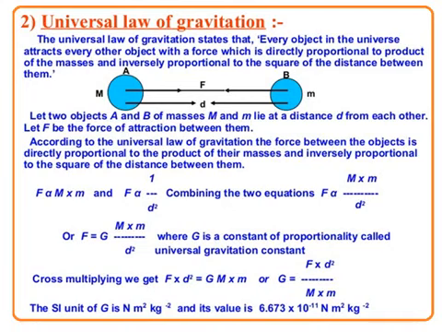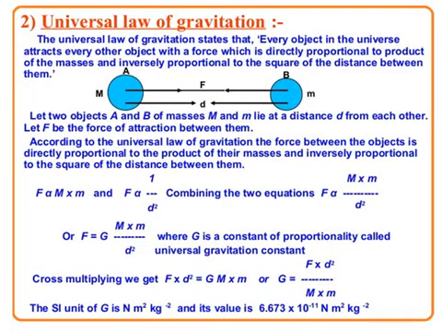Let two objects A and B of masses capital M and small m lie at a distance d from each other. Let F be the force of attraction between them. According to the universal law of gravitation, the force between the objects is directly proportional to the product of their masses and inversely proportional to the square of the distance between them.